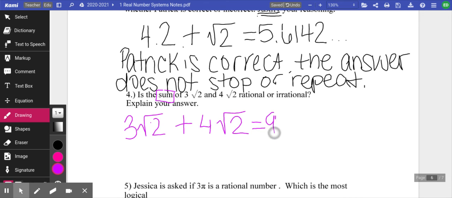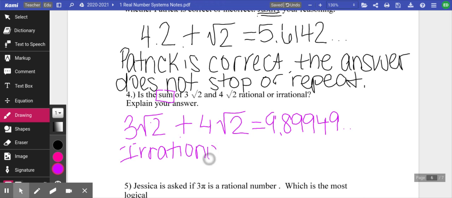And we get 9.89949... Right? So this is an irrational answer. And why is it irrational? We can say because we have to explain.